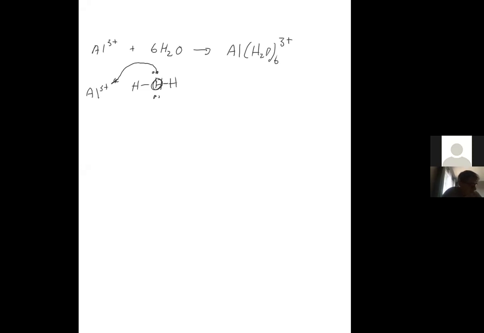That's what's causing the formation of the bonds. Okay, so this is the base and this is the acid. But specifically, we want to say that this is the Lewis base and this is the Lewis acid because there's no transfer of an H plus here. It's merely the formation of a new bond. So the aluminum in that case is called a Lewis acid.